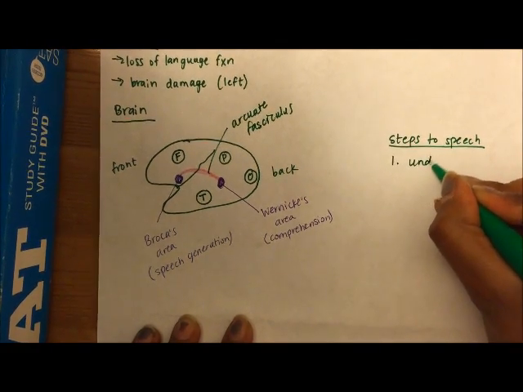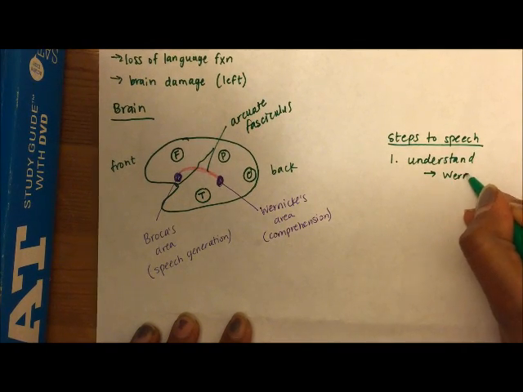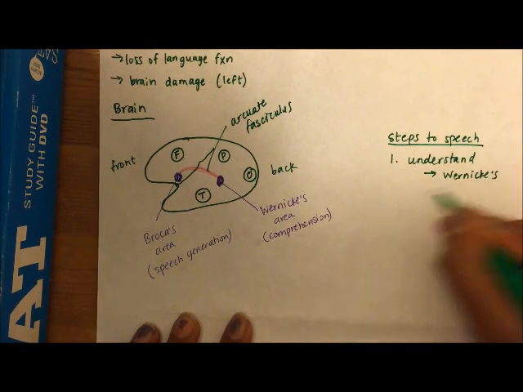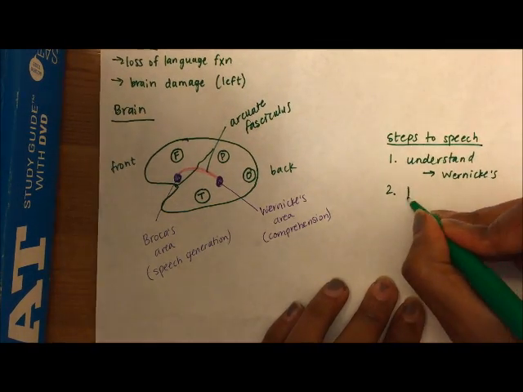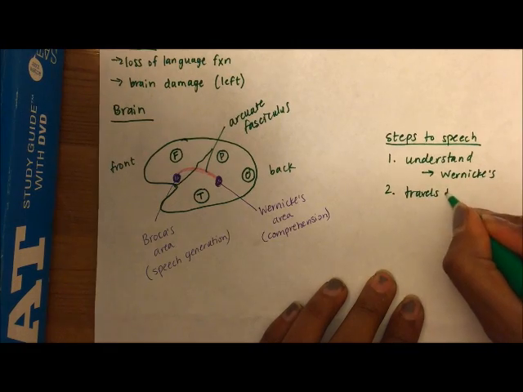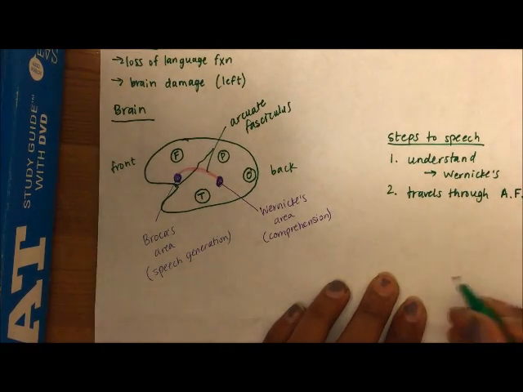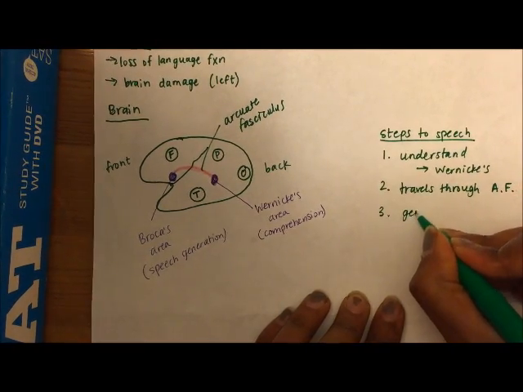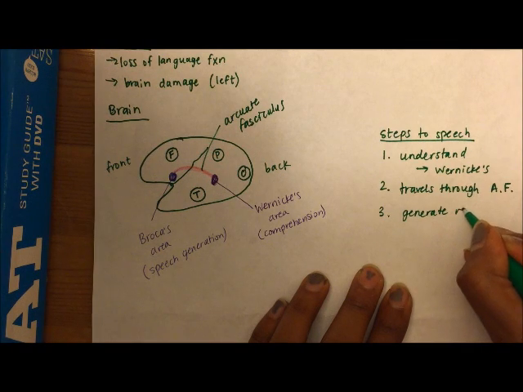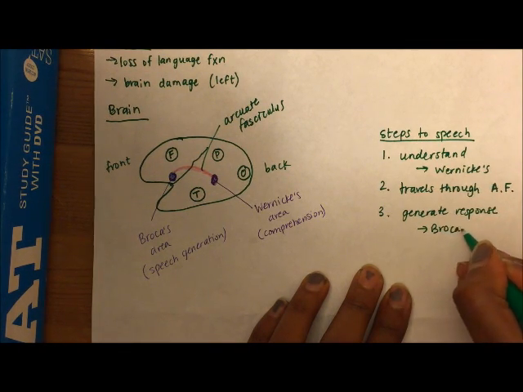First, you have to actually understand that speech, and remember that is where Wernicke's area comes in. Then everything you've understood through Wernicke's travels through the arcuate fasciculus, which I'm just going to call AF, and it reaches Broca's area where you can actually generate a response. And again, that is where Broca's comes in.